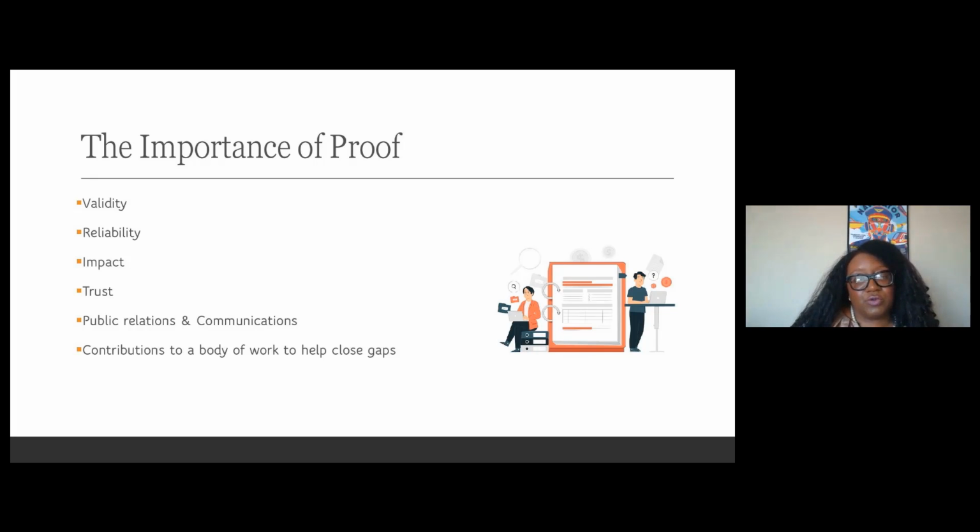It's a contribution to a body of work to help close gaps. So once you've done this and you've got your lessons learned, maybe perhaps unwillingly, you are now somewhat of an expert in this process, even if it didn't work out the way you think, because very few organizations have gotten to a place where they're able to focus on this work.